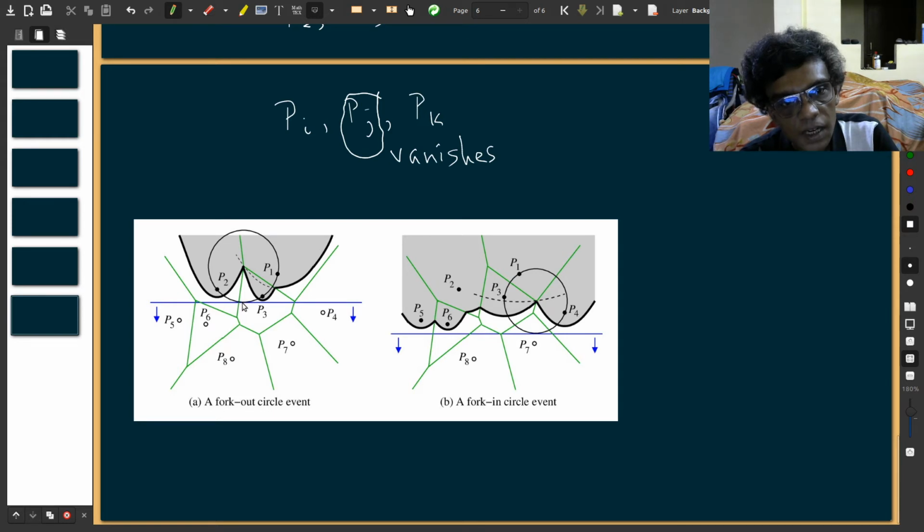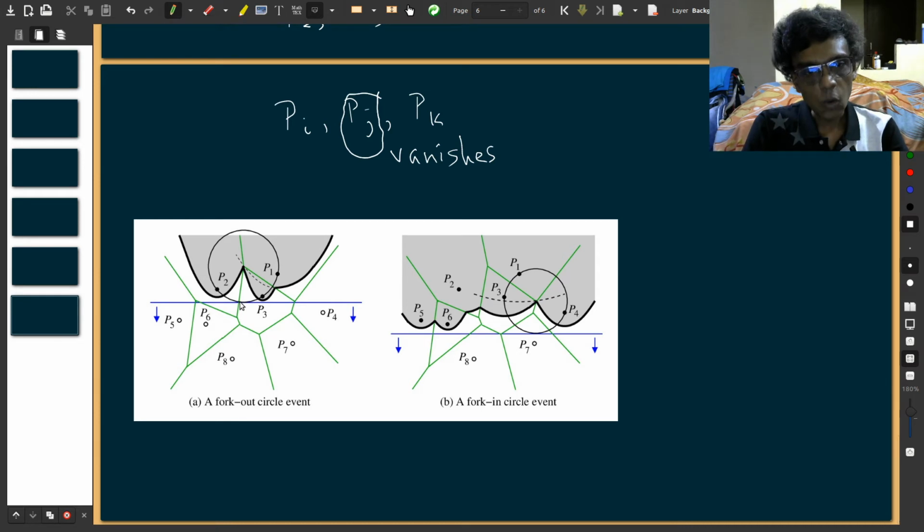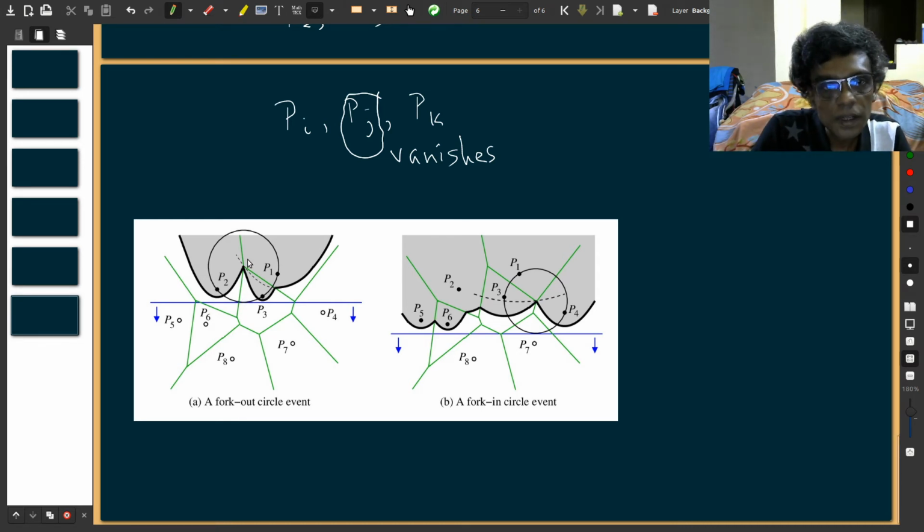This is called a circle event, and you compute this circle passing through P1, P2, P3 and take the bottommost point. This is exactly when the sweep line comes to that bottommost point of the circle. This circle event happens. This is called a fork out circle event because this is already open at plus infinity.